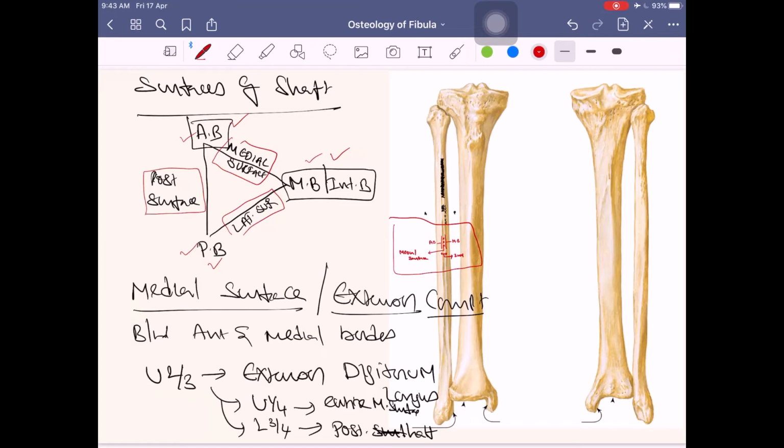Now the medial surface, I told you, lies between the anterior and medial border. It gives attachment to muscles. This surface gives attachment to the extensor digitorum longus in the upper 2/3.